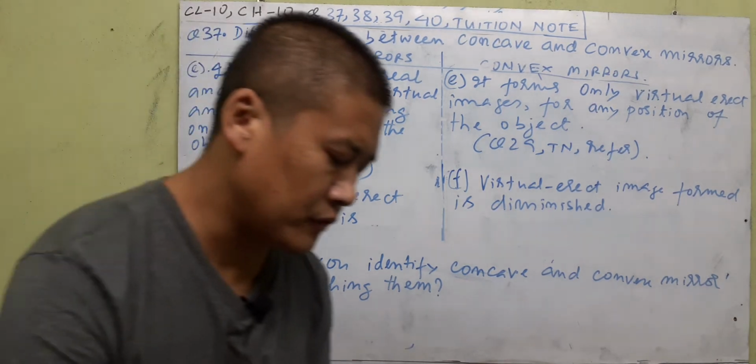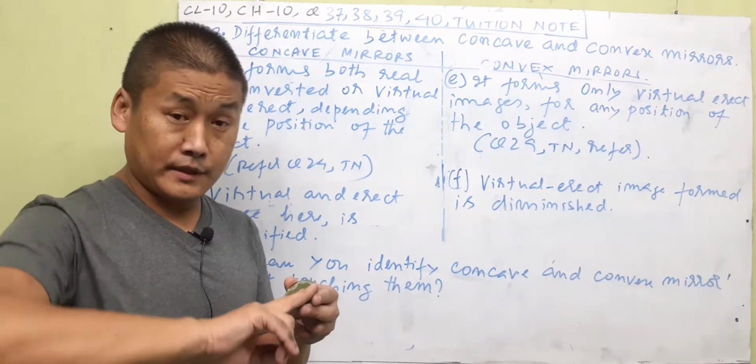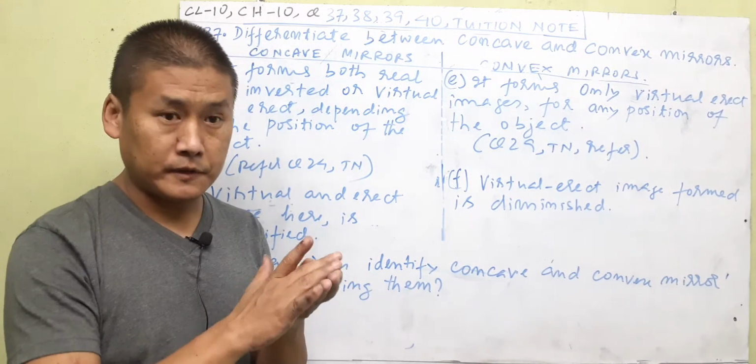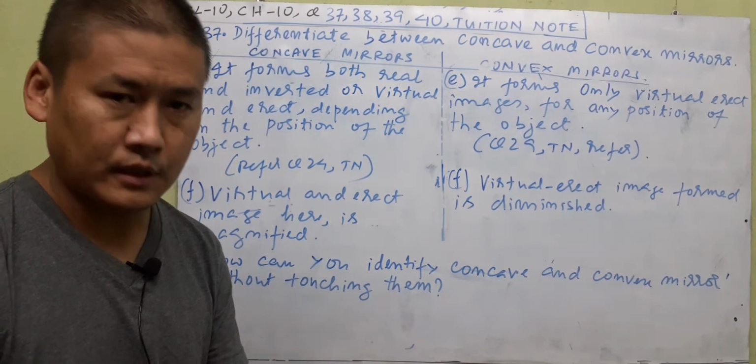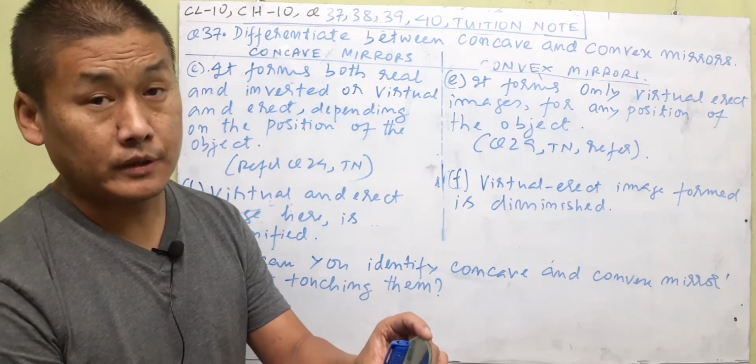Now if you touch, that is very clear. If you touch the reflecting surface, it's like the inside of a spoon, curving inwards is concave. I touch now, I can see this curving outside, so this is convex, very easy. But if they say you should not touch the surface, then what do you do? You can bring the object close to the mirror.